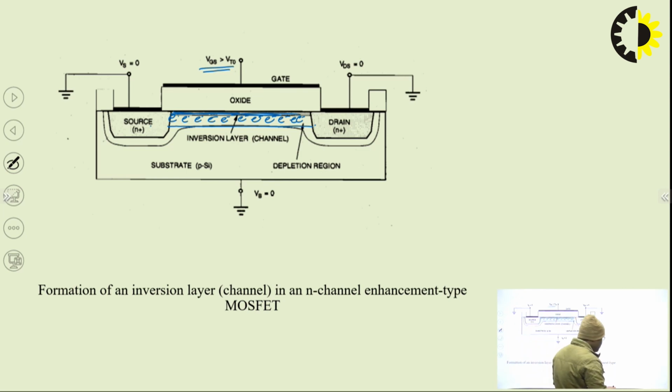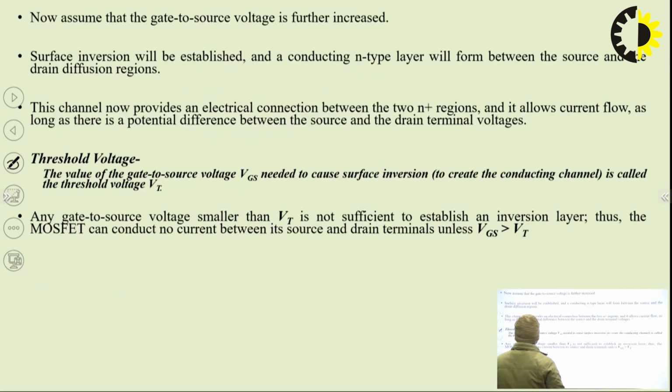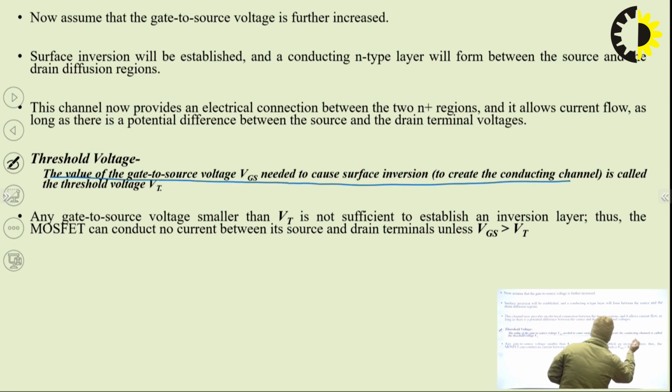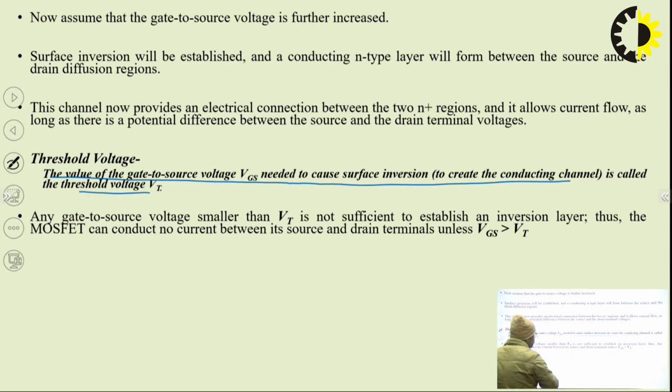The value of gate to source voltage at which surface inversion is created is called the threshold voltage. So, threshold voltage is basically the voltage beyond which the channel is created and MOSFET can conduct. This is the necessary condition for the conduction of the MOSFET.